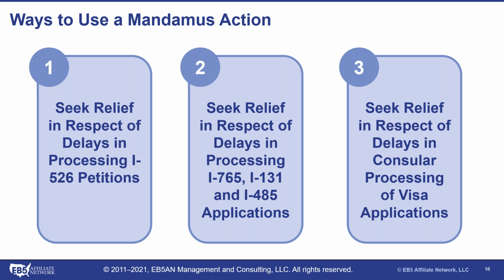Stephen. Right. Thank you. So as I said before, the process for the mandamus action is really quite simple, and because we do a lot of them, we can do it in a fairly streamlined fashion. So we draft a complaint that lays out the history of the filing, the delays associated with the processing of 526s, the particular petitioner's facts and circumstances, the project's particular facts and circumstances, if there's been an RFE or not for the project on a 924.